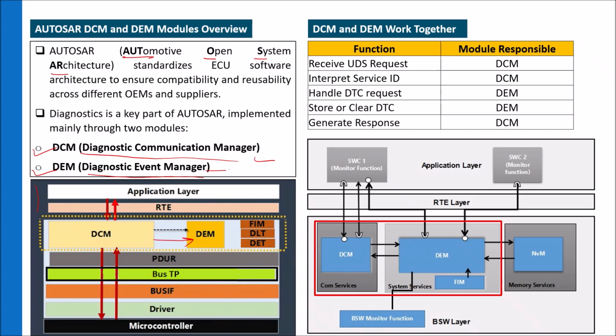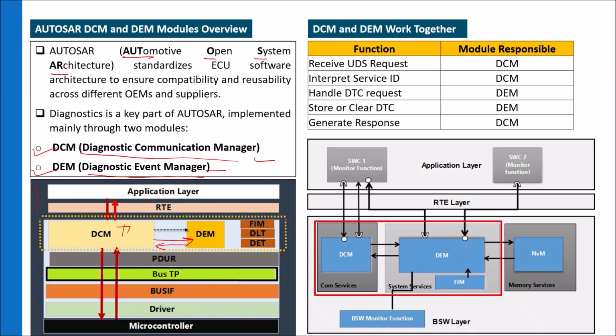DEM will manage the DTC storage, updating and clearing the data. Then DEM gives the status to the DCM, for example that the DTC has been cleared, and DCM replies to the tester.